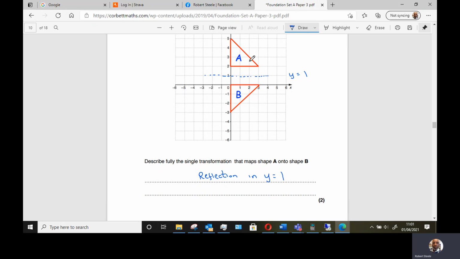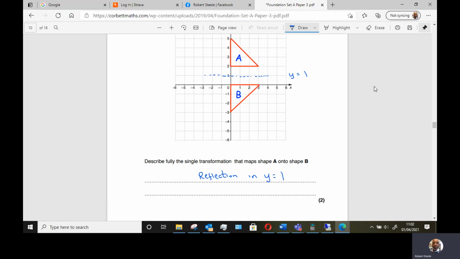How do we know it's a reflection? Well, we can rule out other things. It's the same size, so it's not an enlargement. It's not the same way up, so it's not a translation. It could possibly have been a rotation, but far simpler is a reflection.